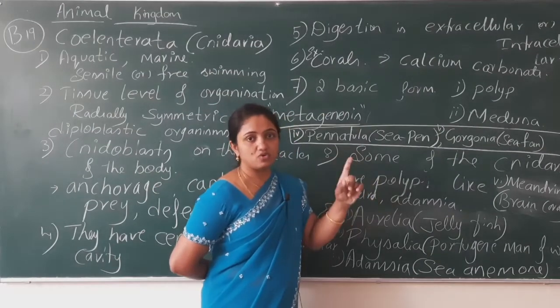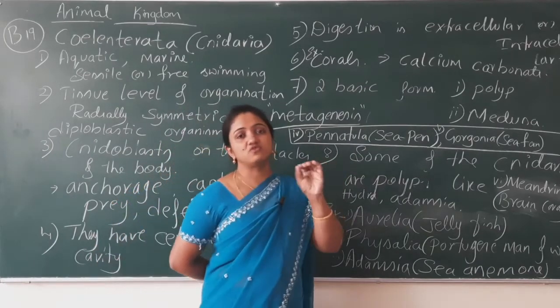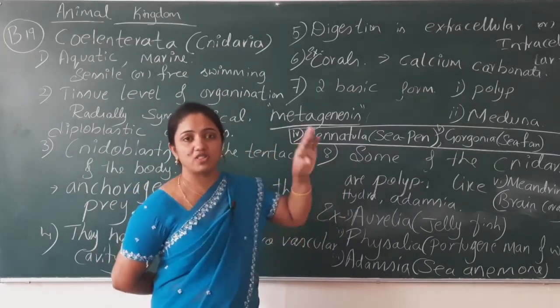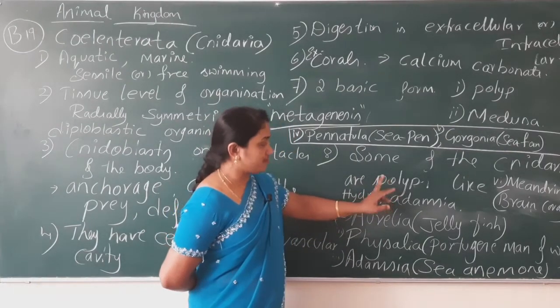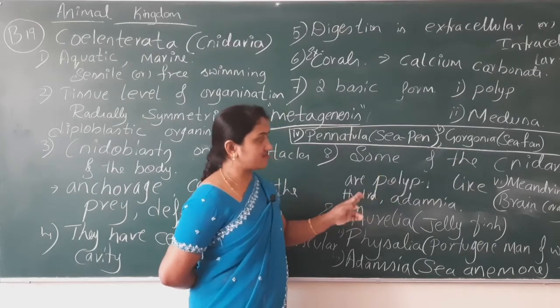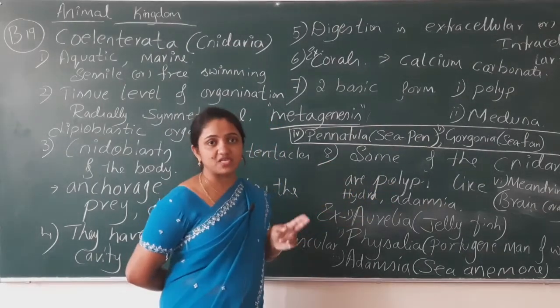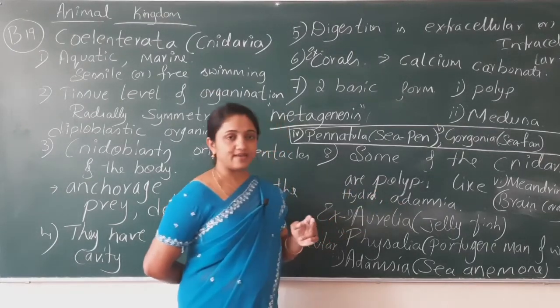They are not going to swim freely over all their life cycle. Those are known as polyps. The polyp examples are Hydra and Adamsia.